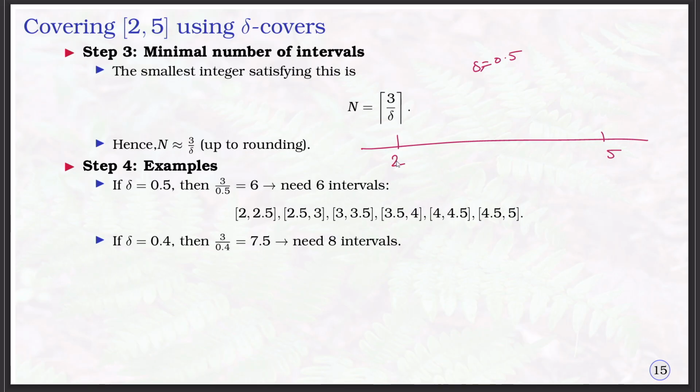If you are taking a as 2, then the intervals are a_i to a_i plus delta: 2 to 2.5, then 2.5 to 3, 3 to 3.5, 3.5 to 4, 4 to 4.5, and so on.